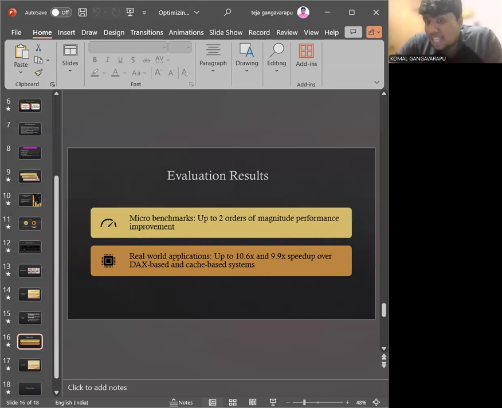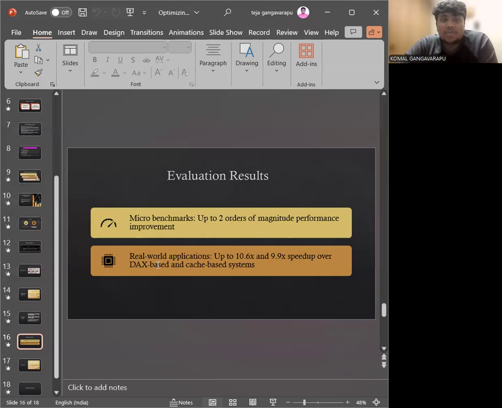Evaluation results. The evaluation results of the FLAC file system showcase a significant performance improvement achieved through integration of FLAC cache techniques. The results are based on micro benchmarks and real-world application tests, and demonstrate the practical benefits of the FLAC file system over traditional DAX-based cache file systems.